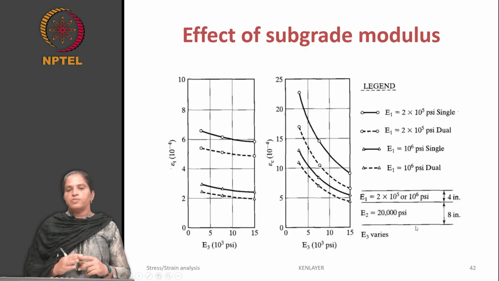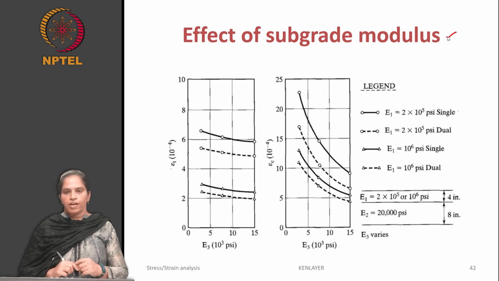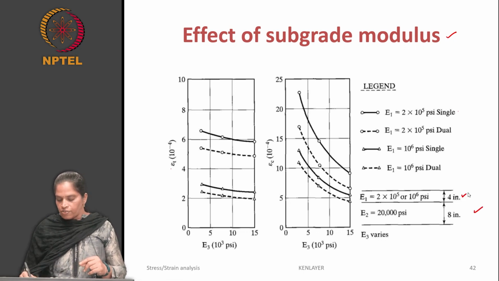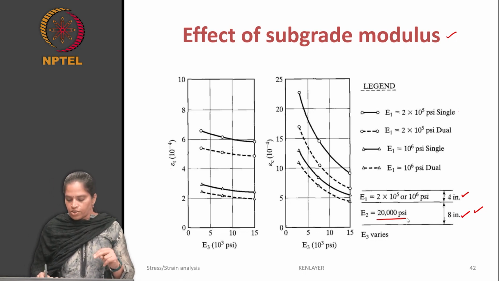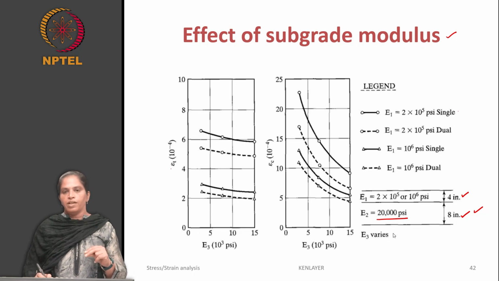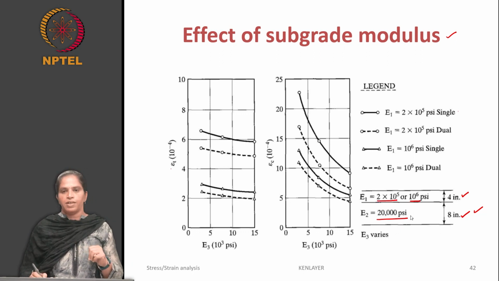Now, let us focus on the influence of subgrade modulus on epsilon T and epsilon C values. The analysis is run for this structure here. The structure has an asphalt layer thickness of 4 inch and a base course thickness of 8 inch. The modulus of the base layer is 2 x 10^4 psi. The analysis was run for 2 different moduli of the asphalt layer: one is 2 x 10^5 psi and the second one is 10^6 psi.